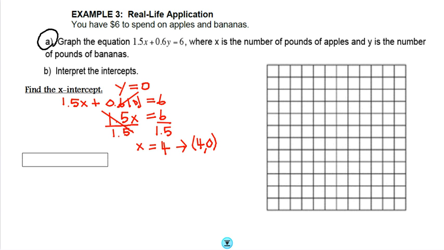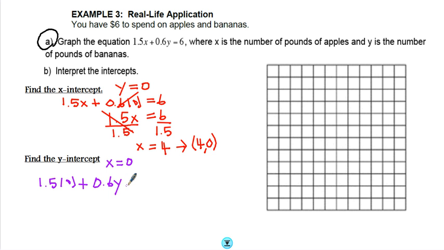Then to find the y-intercept, let's make x equals 0. So if x is 0, you would have 1.5 times 0 plus 0.6y equals 6.